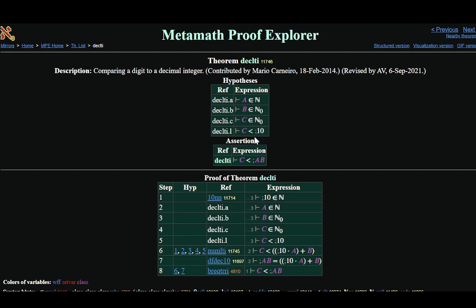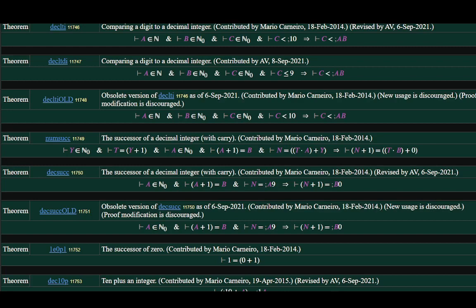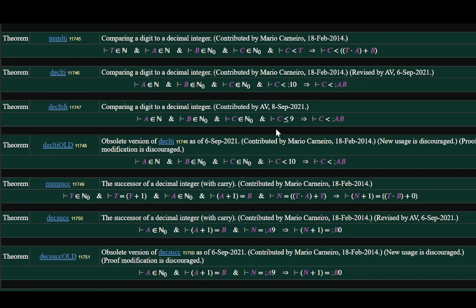Okay. So if C is less than 10, so this is a slightly different one, but if C is less than 10, then C is less than AB. Well, that kind of makes sense. So C is less than 9. So this is a way of saying it's less than or equal to things.